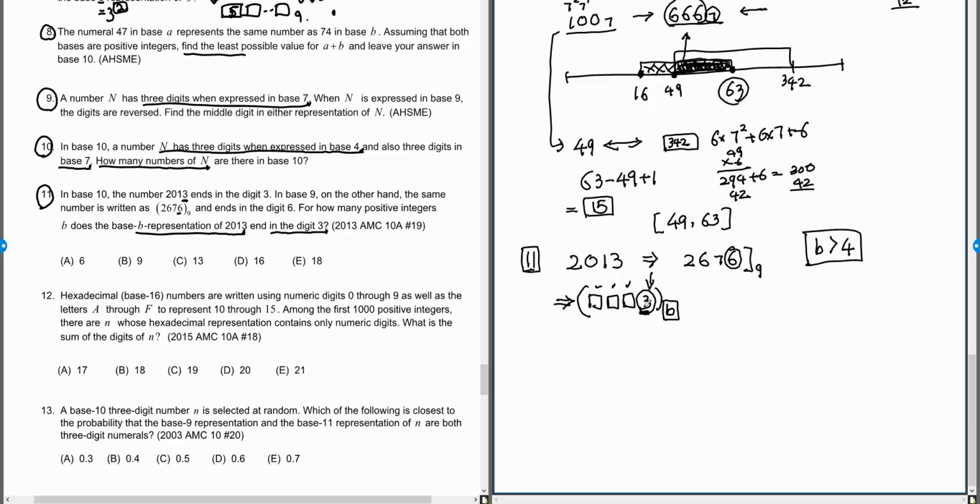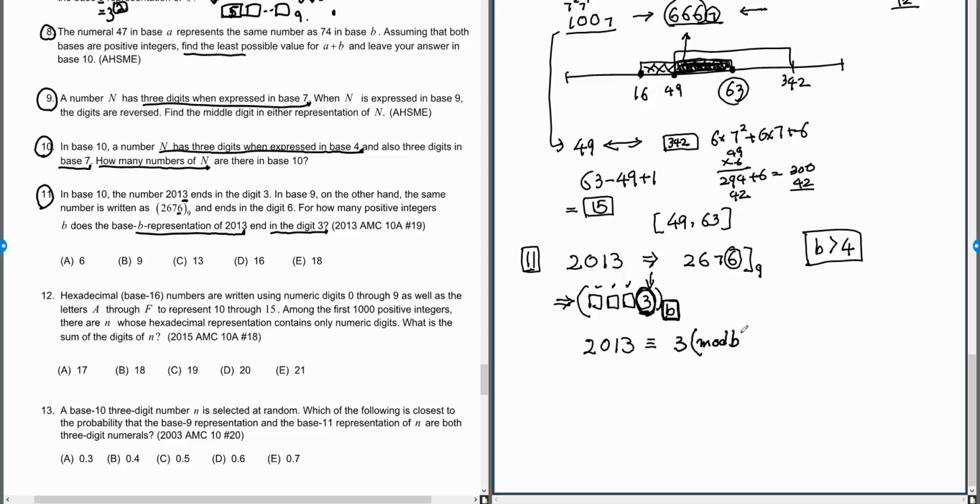So what that means is, when you have a base number b, the remainder is 3, isn't it? When you divide by that, this is a kind of modular arithmetic, right? This number 2013 should have remainder 3 when you divide by b, mod b.